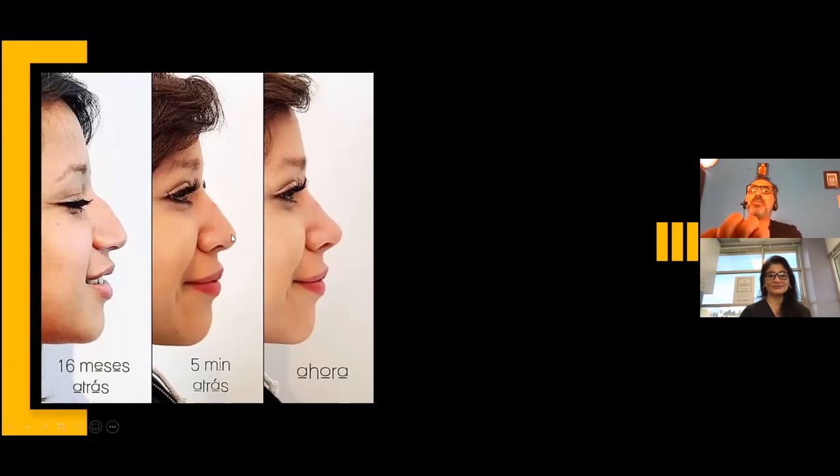Here we saw that almost 16 months later, the nose is quite better than in the first rhino this patient had. But look at the difference between this point of the nose, almost with product, and this point of the nose. Now the aesthetic of the patient changed in a huge way.